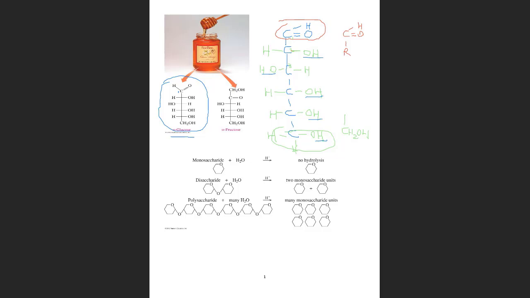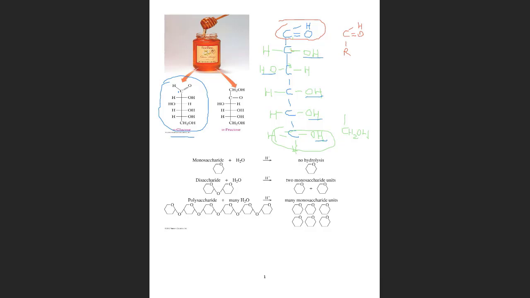Polyhydroxy aldehydes. Aldehydes is because we have the aldehyde group. And the classification, as you see here, this is the drawing of glucose.